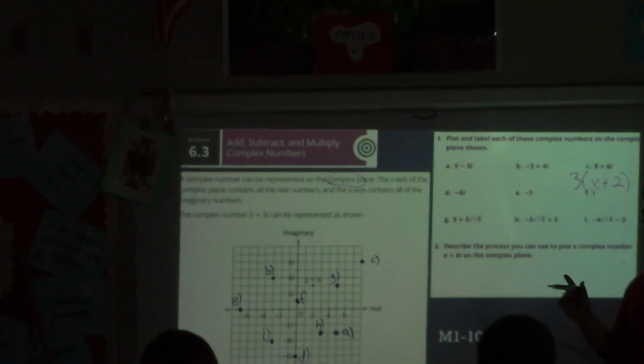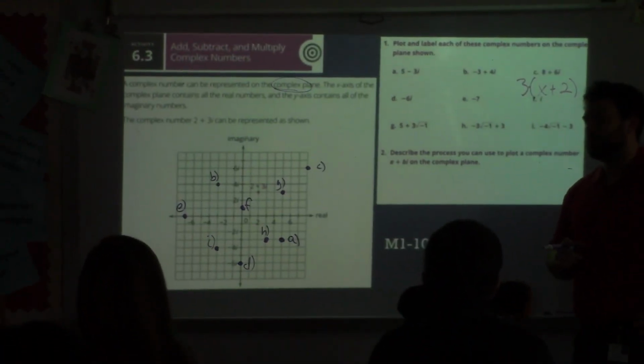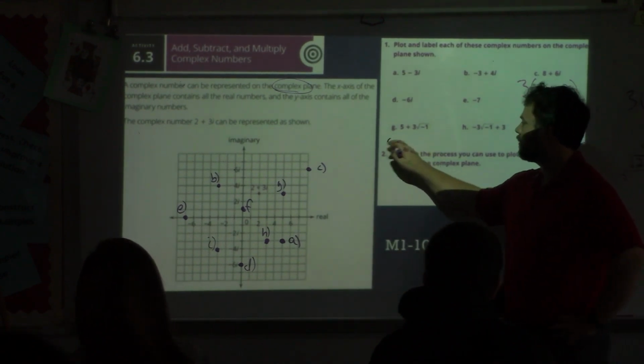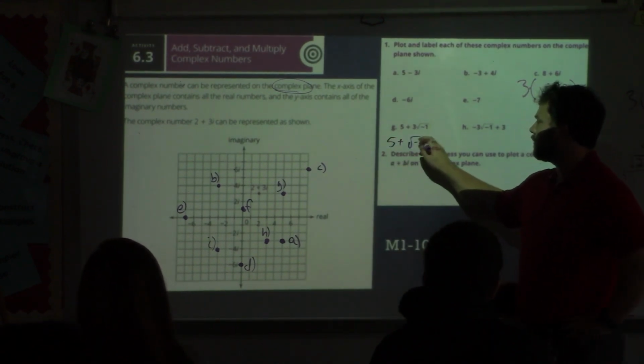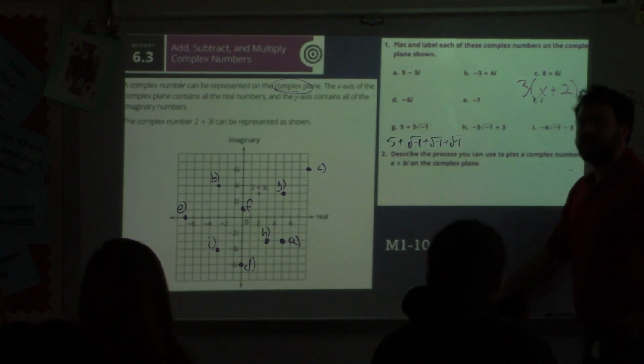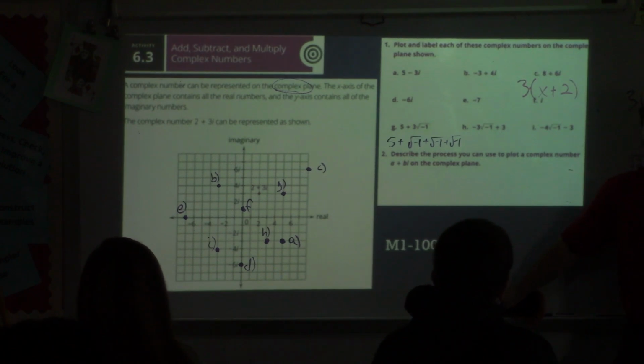Well, let me ask you this, what's happening between the 3 and the square root? Multiply. Wait, which one are you talking about? It's plus 3. And it's multiply. Oh, it's multiply. Maybe the same as the other ones? Can I add those together? Say that again, Miles? I was saying, you can't add imaginary and real. Wait, where did you get imaginary from? What part were you on? G? I was talking about H.